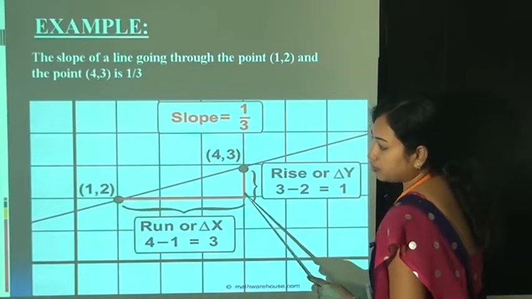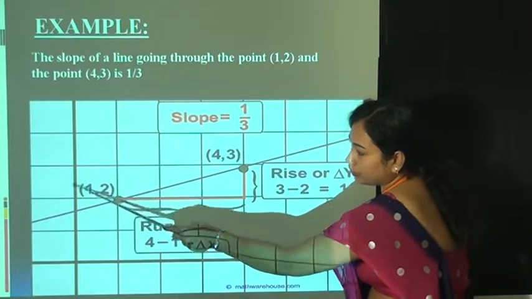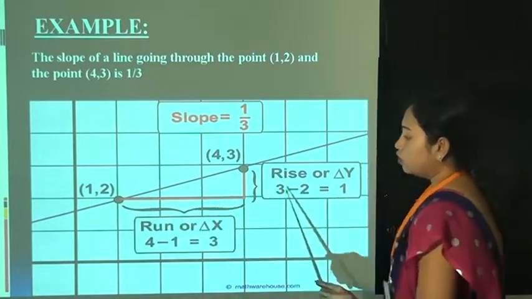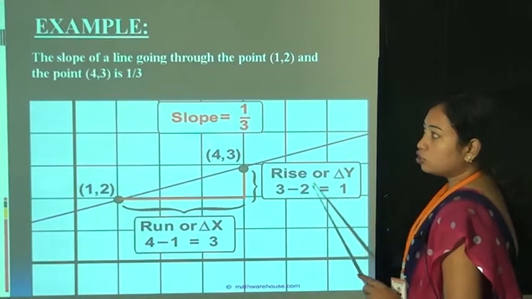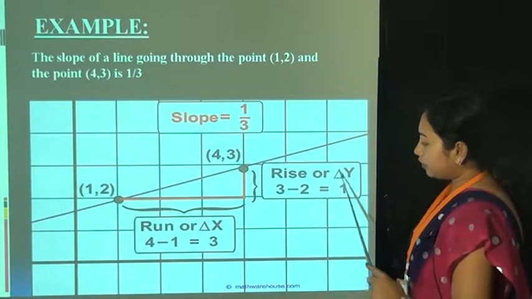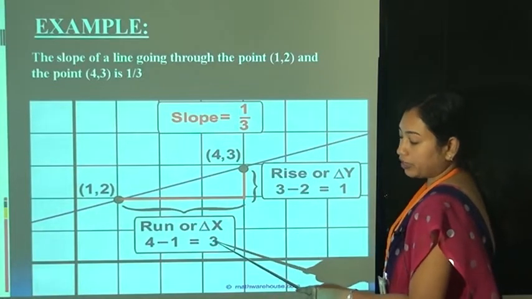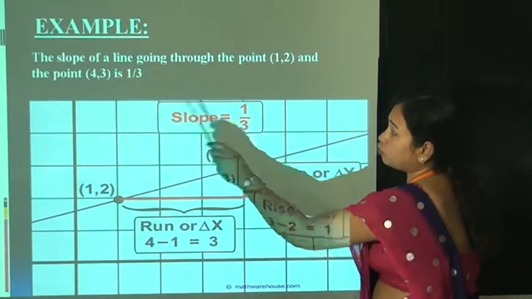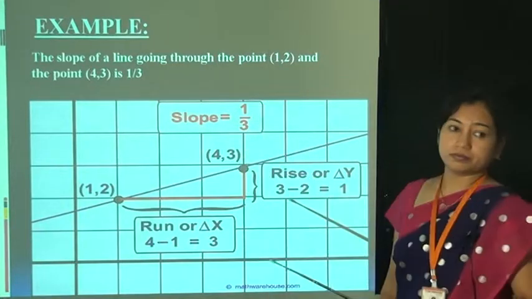So 3 minus 2, you can see here only this one block is covered here. So 3 minus 2 is 1. So the slope of these 2 points is difference of y coordinate is 1 and difference of x coordinate is 3. So slope of this 2 point is 1 by 3.